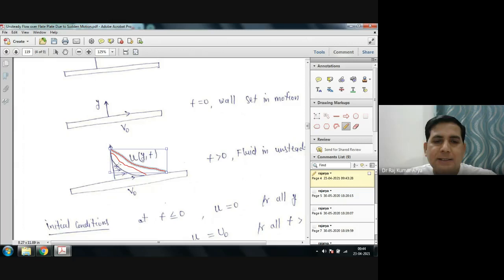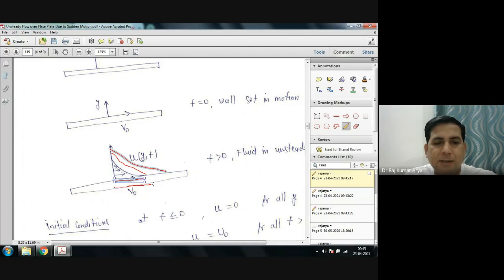Can anyone else say anything about these two lines? Are these fine or is there something wrong with these lines? Just quickly. This is what you have drawn at a particular time. After that, you have drawn this, which is also fine, close to that.